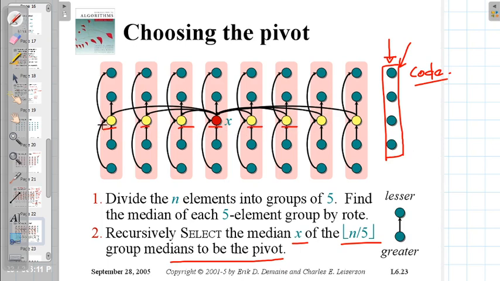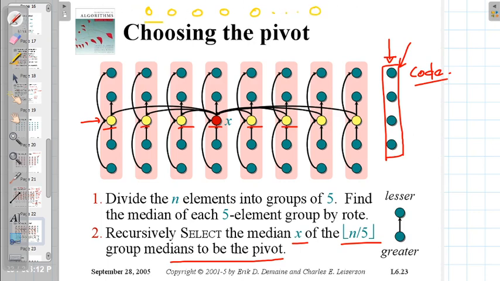So what we have to do right now is extract these 200 yellow elements. We have to extract these yellow ones, 200 such elements are there.